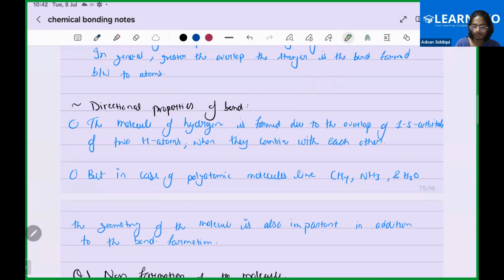But why do they say molecule? Shouldn't it be the atom of hydrogen? No, molecule means two atoms, H2. Yes, we are talking about H2, the molecule of hydrogen.